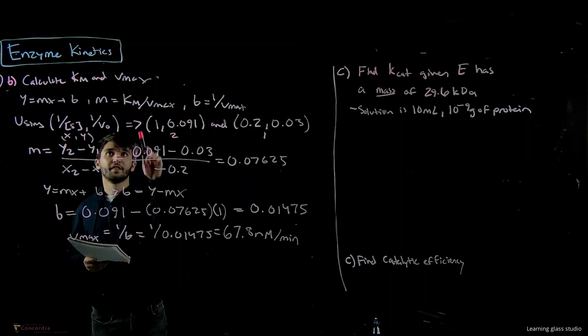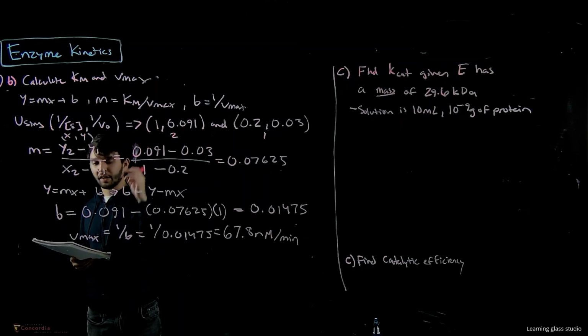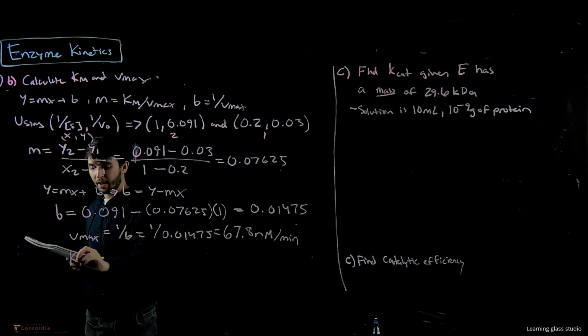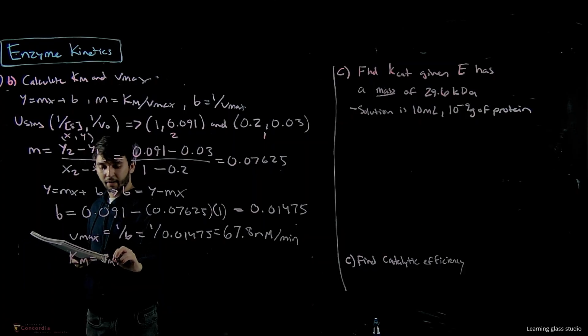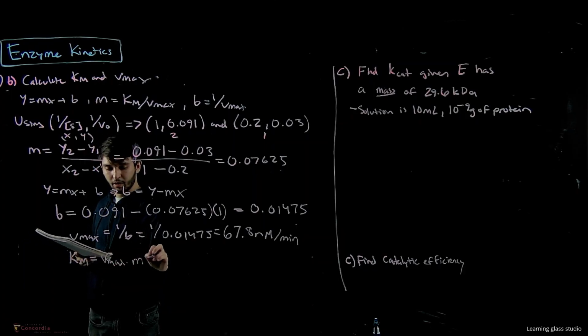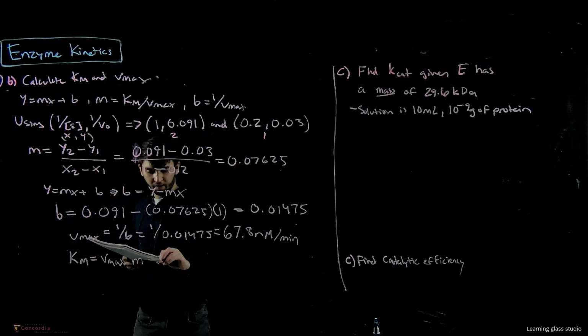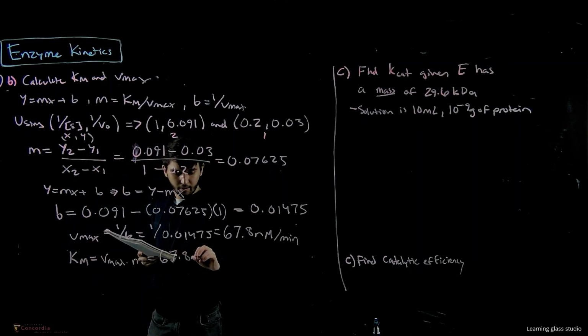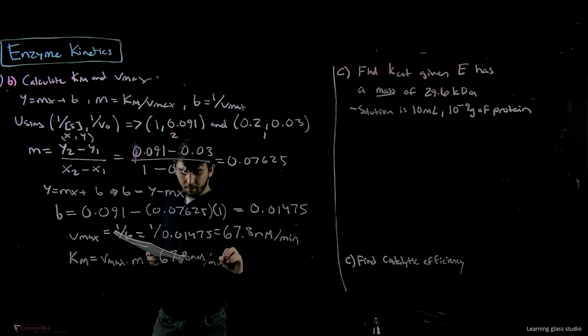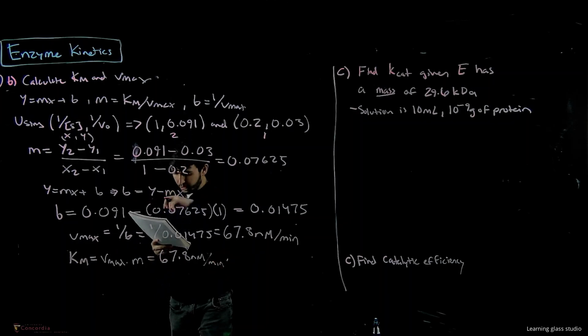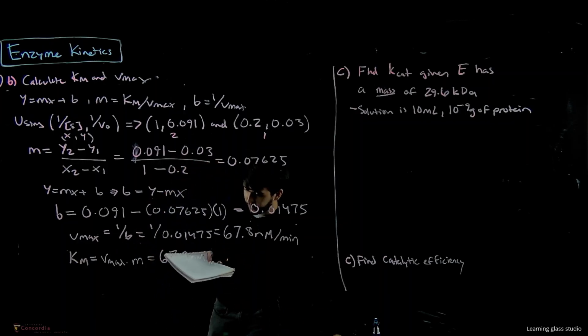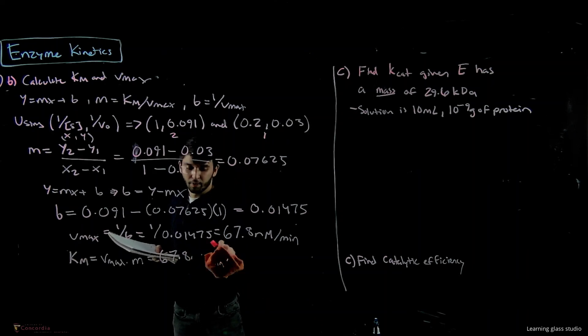So now, to find Km, we just multiply both sides by Vmax. So Km is equal to Vmax times m, which is equal to 67.8 nanomolar per minute times our slope. I'm going to get rid of the units to make it a little easier, and we'll add them in at the end.